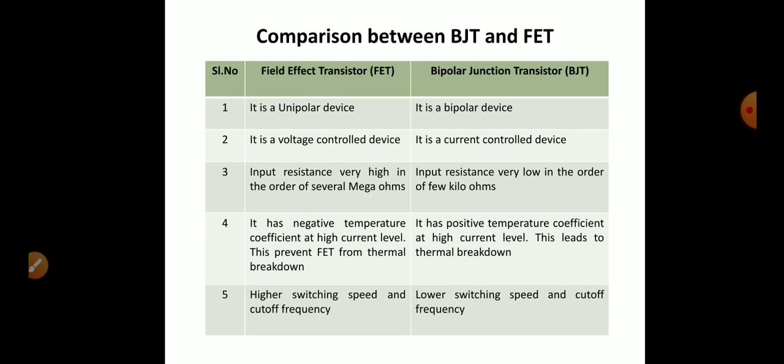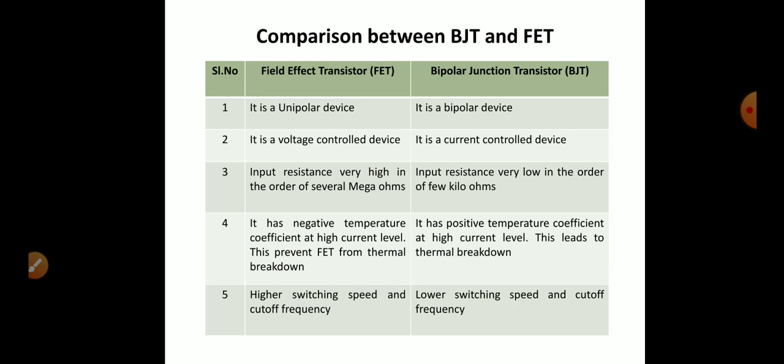Here the current is collector current. In FET, this negative temperature coefficient prevents the FET from thermal breakdown. But in BJT, the positive temperature coefficient leads to thermal breakdown.